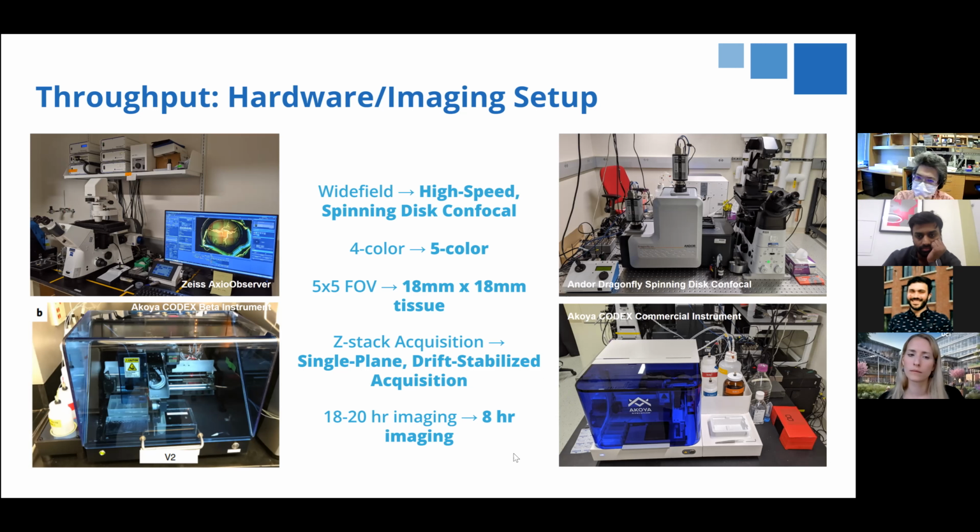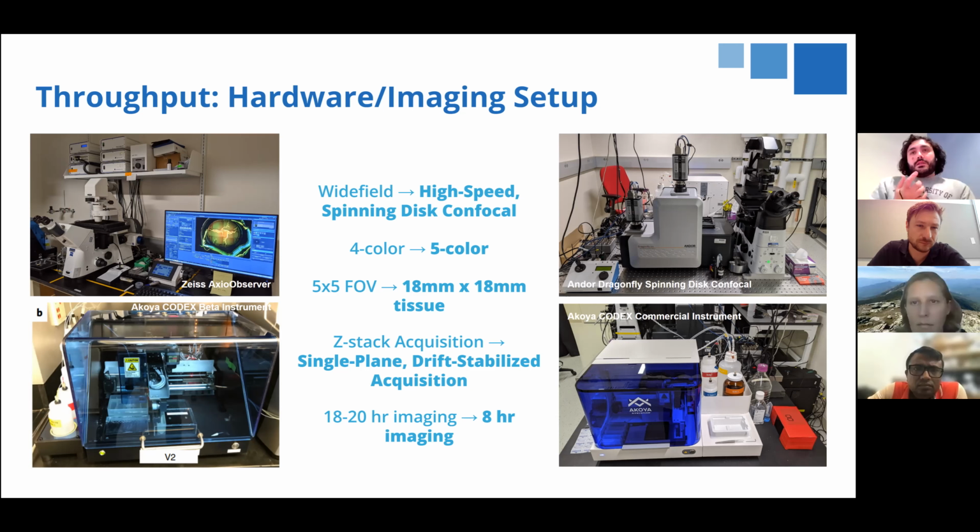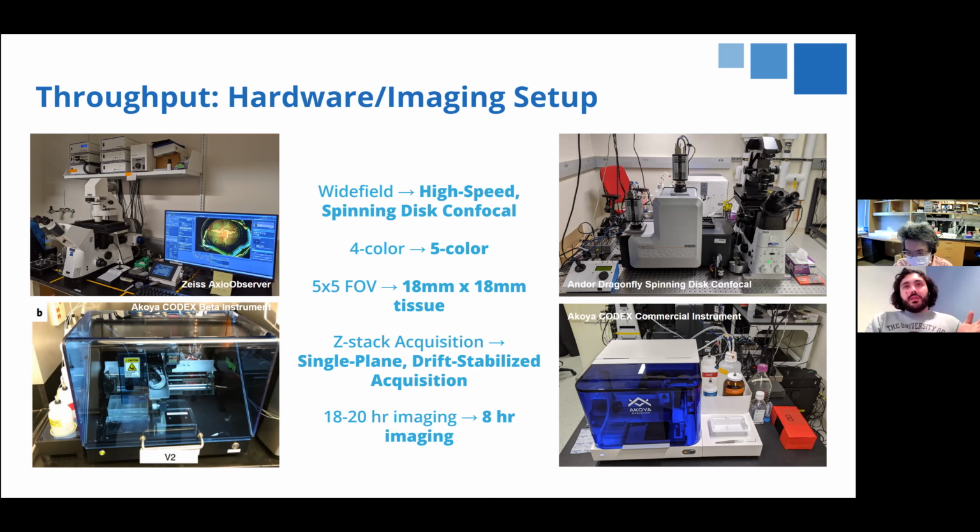So that's an entire cover slip with 20 or 30 markers for an experiment this size in about 8 hours. So we've been able to improve greatly on throughput. And the code that is running this is actually on our protocols.io and can be modified to run with any microscope that Akoya currently doesn't support.